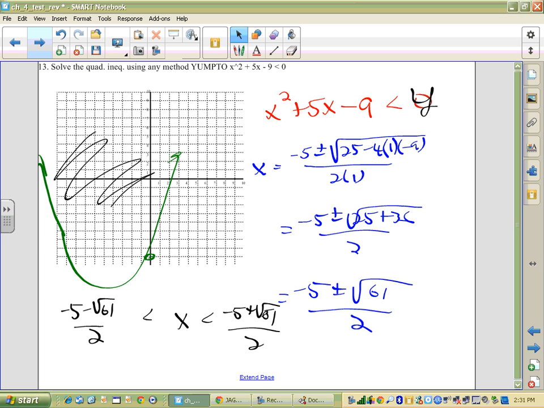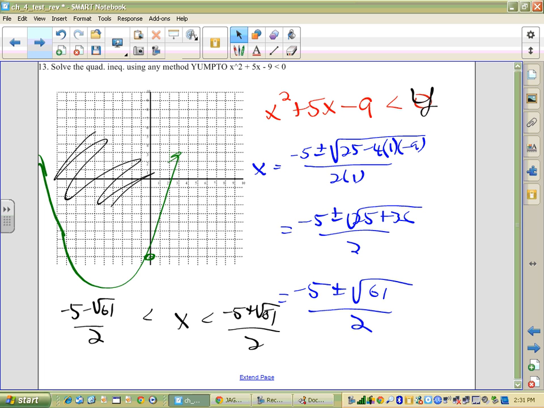The vertex, I just quickly noticed, would be negative something because it's negative b over 2a. So it'd be negative 5 over 2 times 1, so it'd be like negative 2.5 something. I just did a quick sketch of the graph to figure out that my solution set's going to be between my critical values.